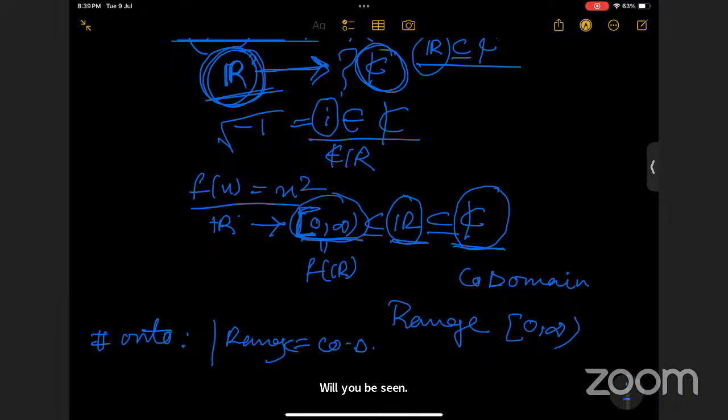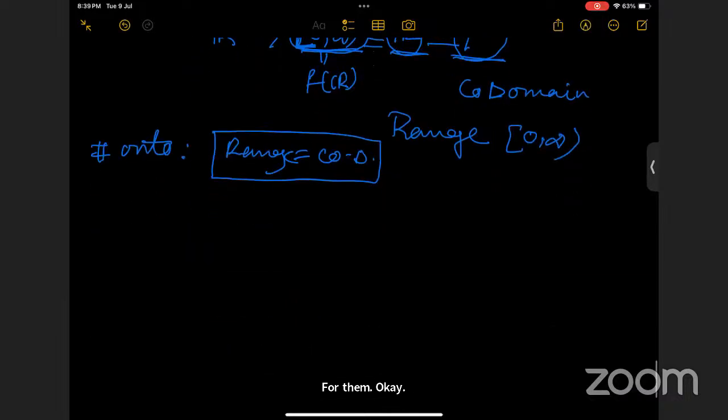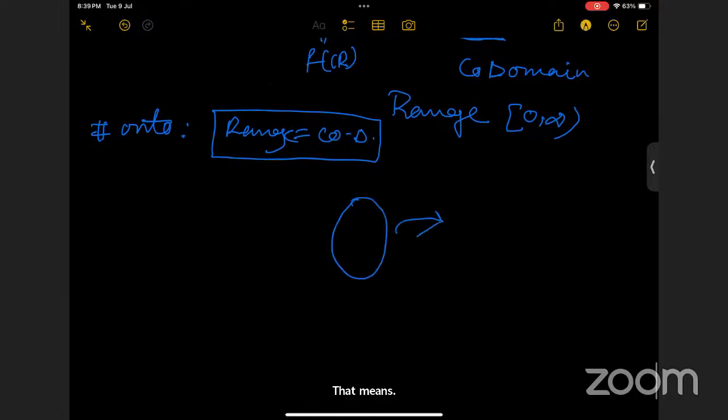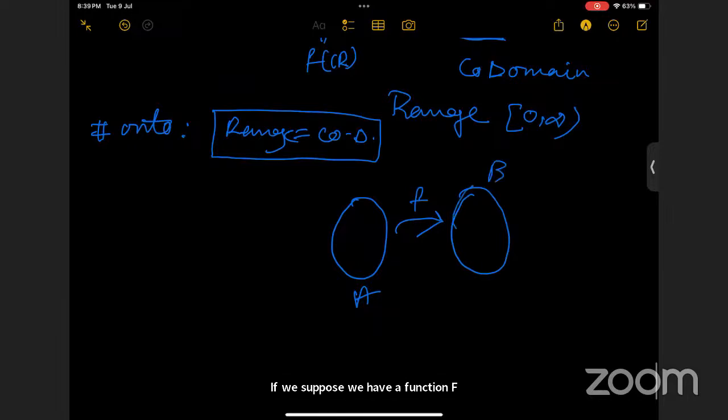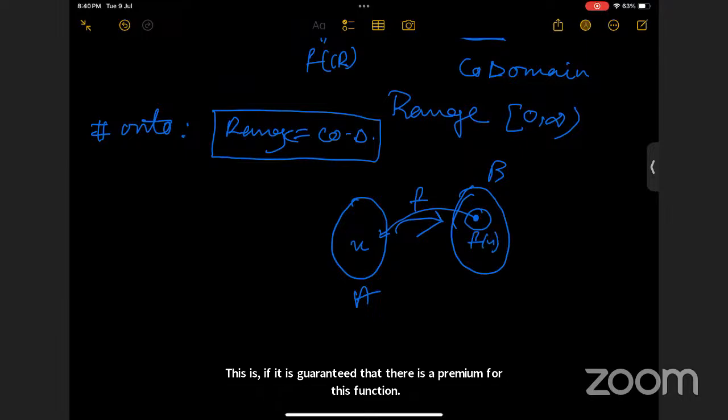When our range is same as our codomain, that means if we suppose we have a function f from A to B, if we take any point here, if it is guaranteed that there is a pre-image for this function, then we will say that this function is onto.